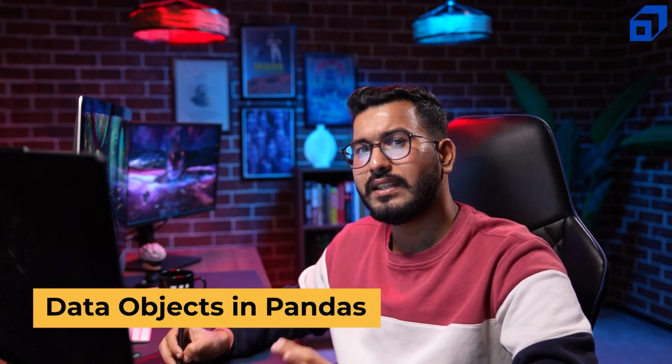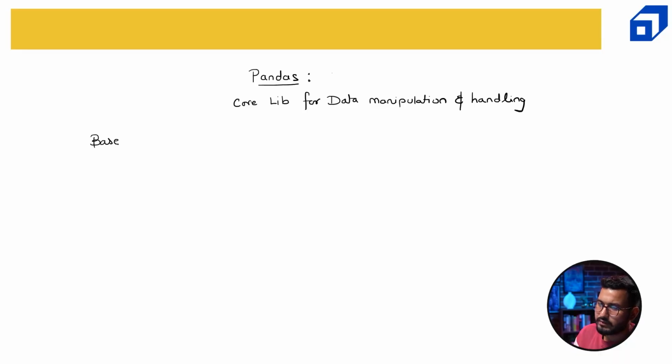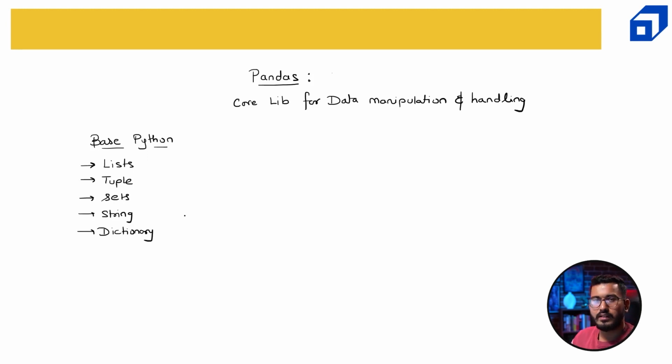Now in order to start with Pandas, we first have to understand the concept of data objects in Pandas. As we have learnt, for base Python the data objects are list, tuple, sets, string, and dictionary.